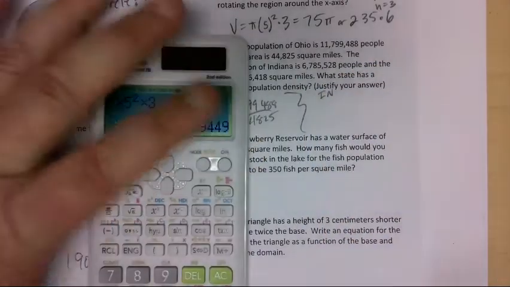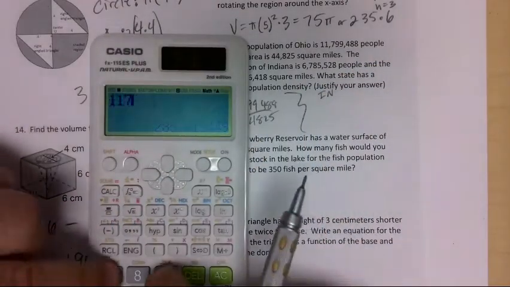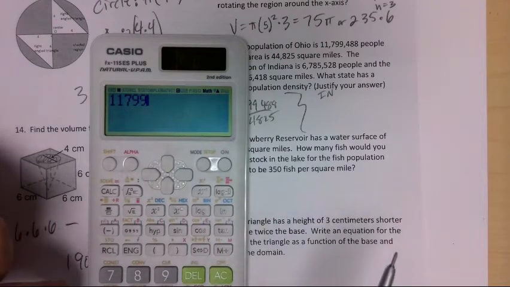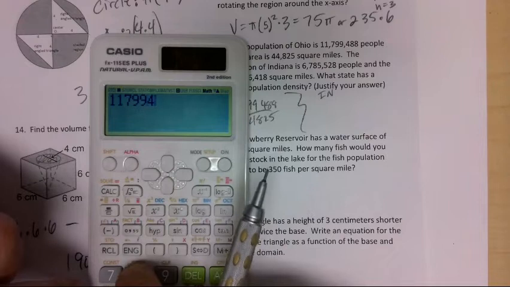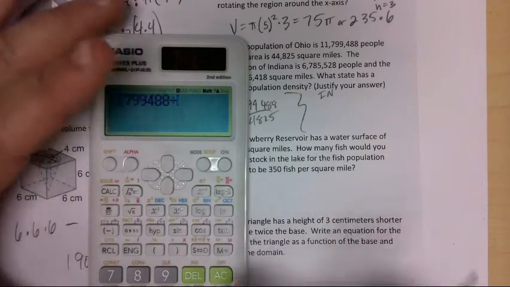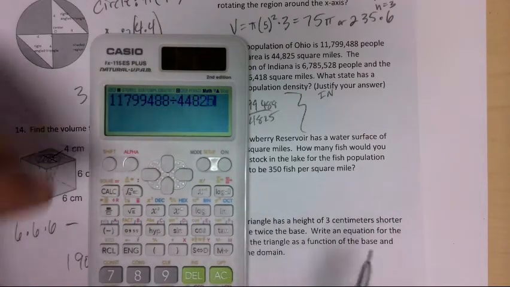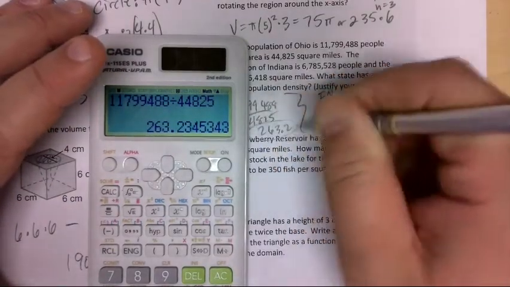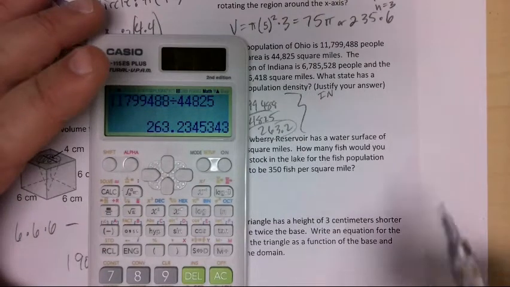If I type that in my calculator, 11,799,488 divided by 44,825, I get 263.2. That's going to be people per square mile.